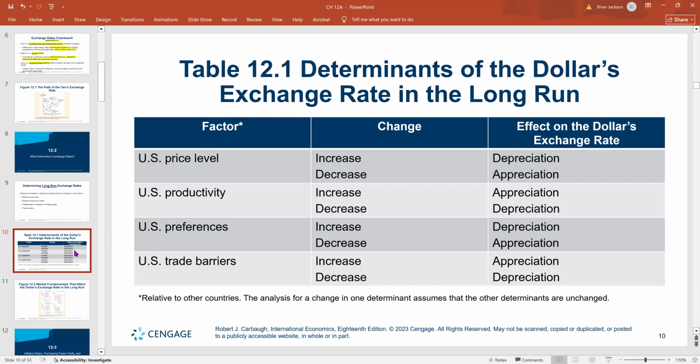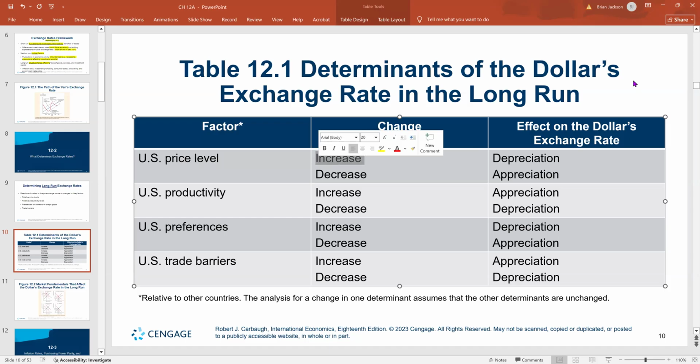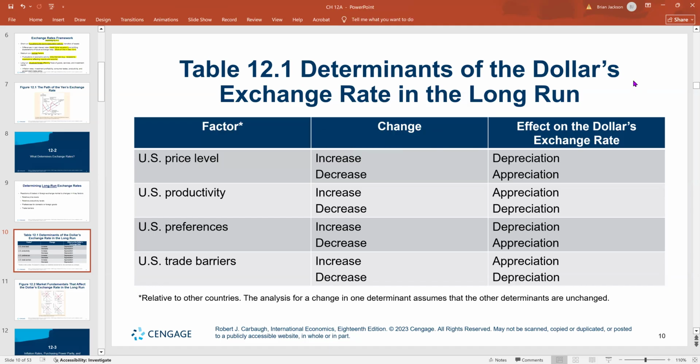So first off, we'll look at how the U.S. price level affects the exchange rate. Okay, so maybe the dollar price of a pound. So what if the U.S. price level is increasing, say in comparison to the price level in the United Kingdom?